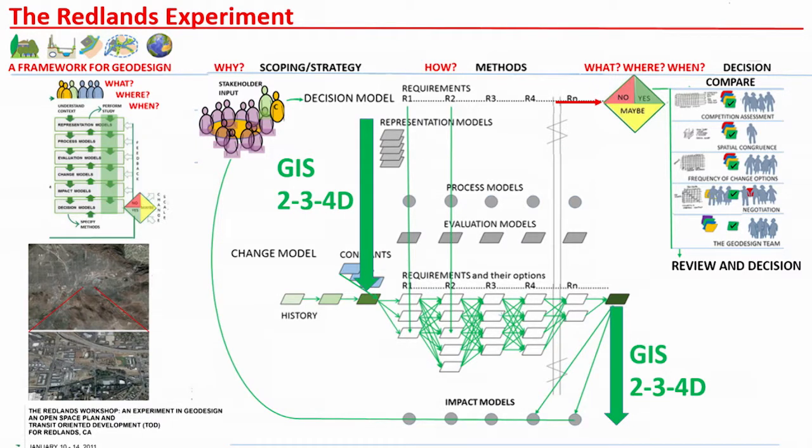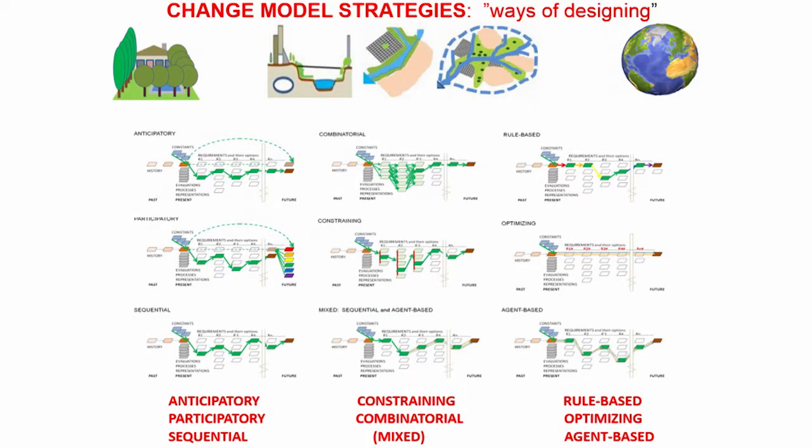And we used a workflow that had GIS here to this point, and GIS from a design to evaluate it, but not necessarily in the middle. So we had a team that had 2 tasks, and they were assigned one of these ways of designing.